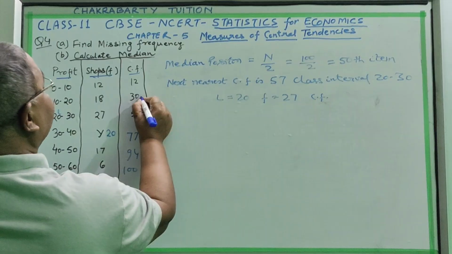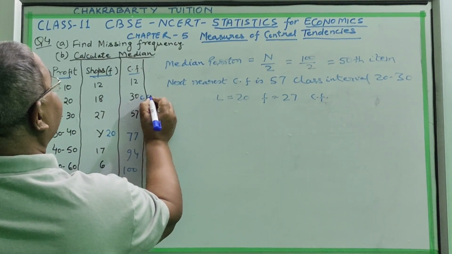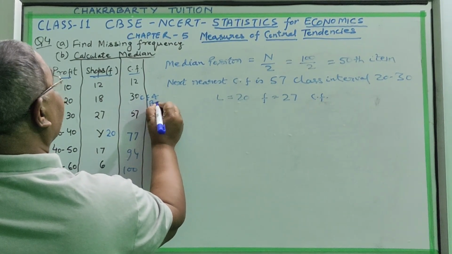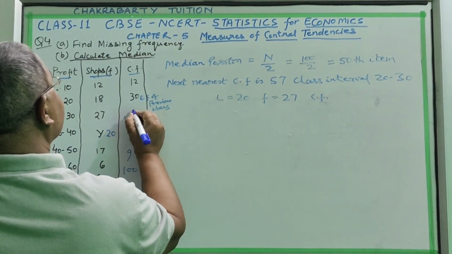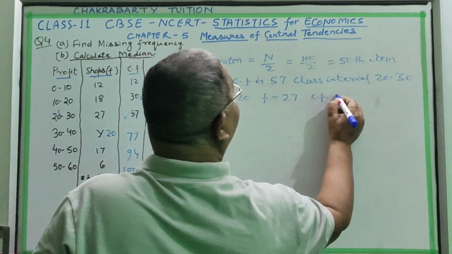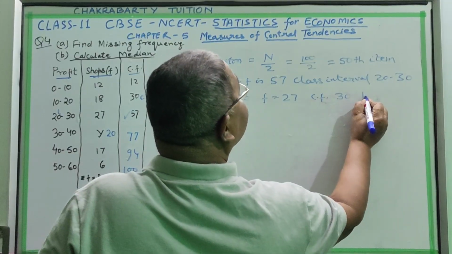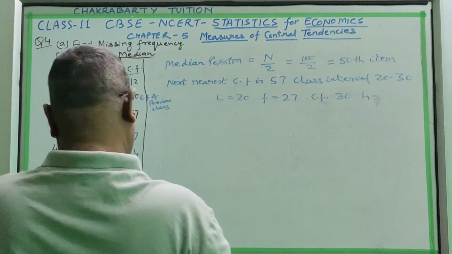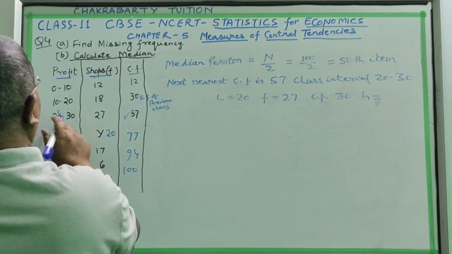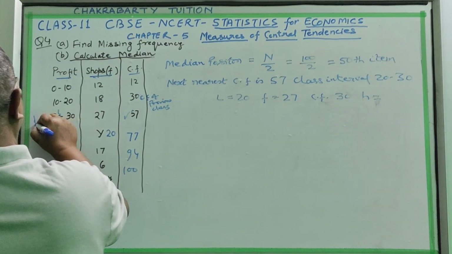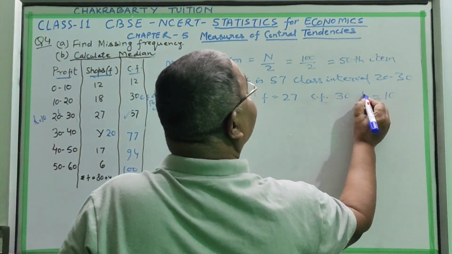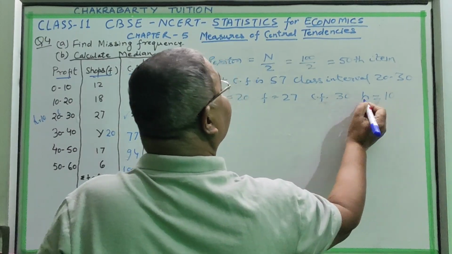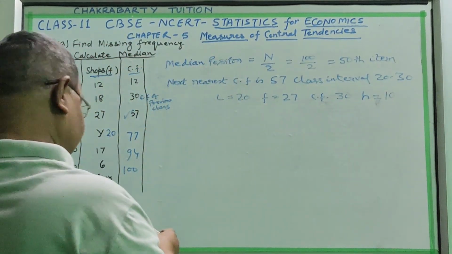This is your previous class CF. So that is 30. H is your class difference. 20 and 30, that is the difference. H is equal to 10. Class interval is 10.